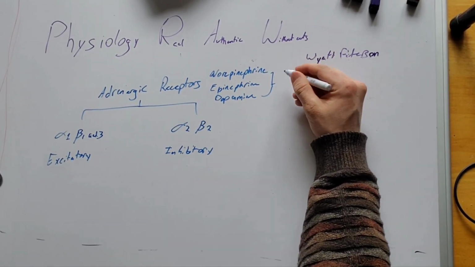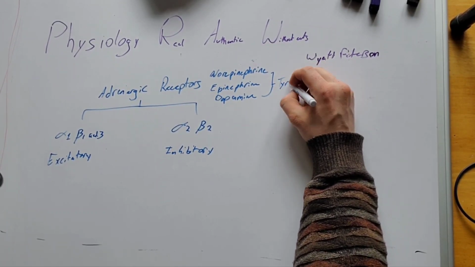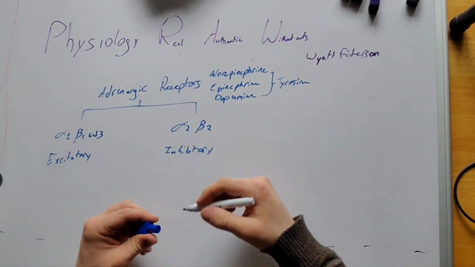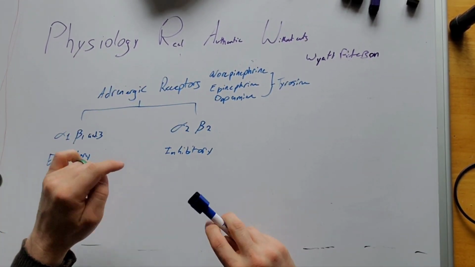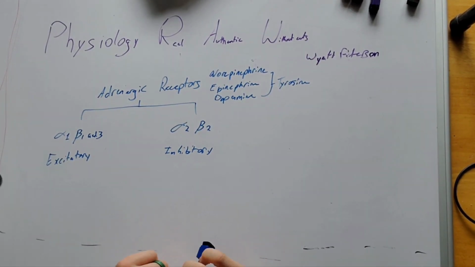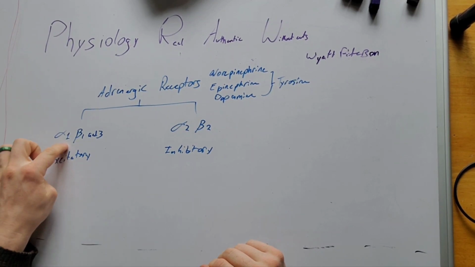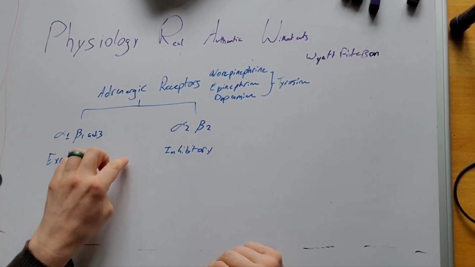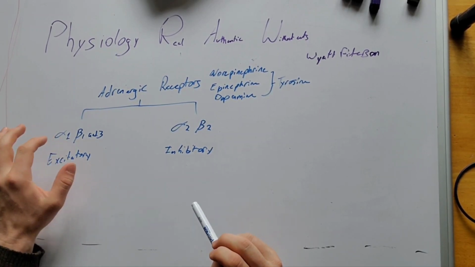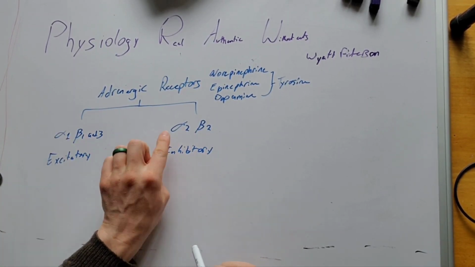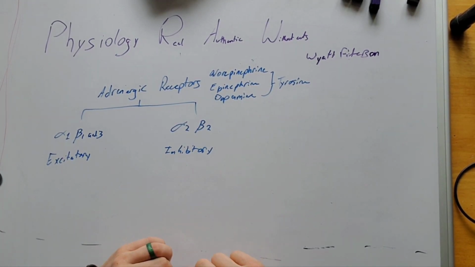So all three of these are made from tyrosine, which is kind of fun, but that's not important. So these ones will respond to norepinephrine, epinephrine, or dopamine, and then these ones, alpha 1, beta 3, are excitatory. They'll lead to depolarization of the membrane, and then these ones will lead to hyperpolarization of the membrane.